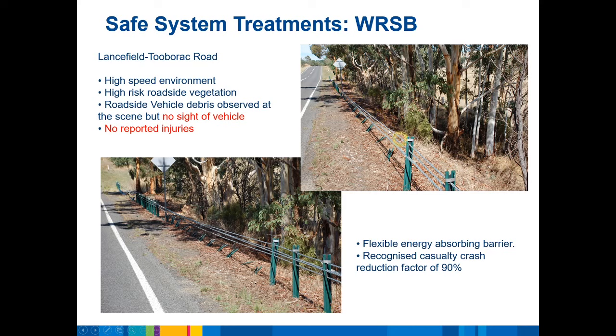Wouldn't you just run off forever? But what tends to happen is that the field is so much more rough than the road, or in winter it's so much softer than the road, that in reality you don't just run off forever. The vehicle will flip or roll. And in a rolling scenario, the vehicle occupant is much more likely to be injured than if they were to hit this barrier.